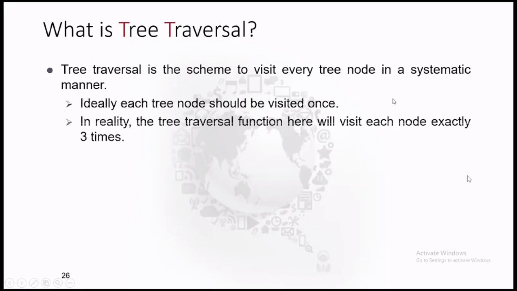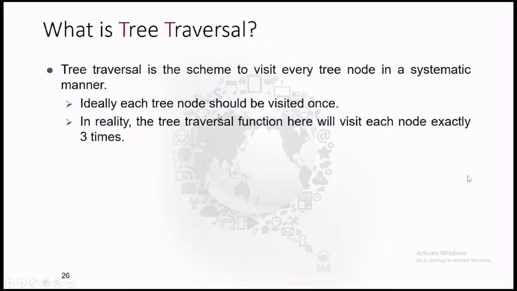When we have trees, we want to traverse the tree. You're probably thinking, why do I want to put data in the tree? Because you want to traverse the tree to visit every node in a systematic manner. Later I'll show examples of why you want to traverse the tree.